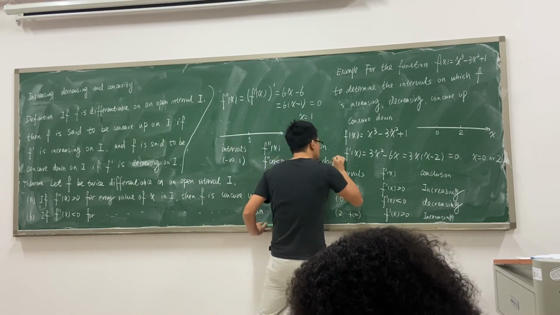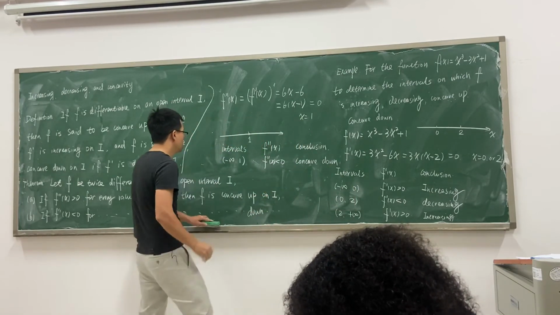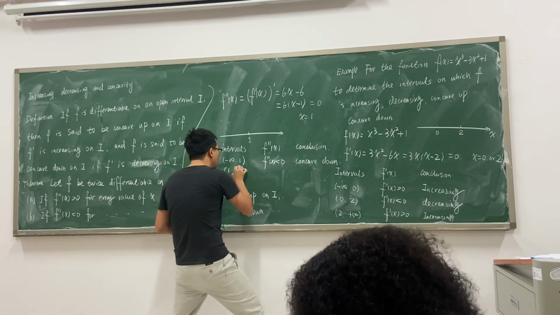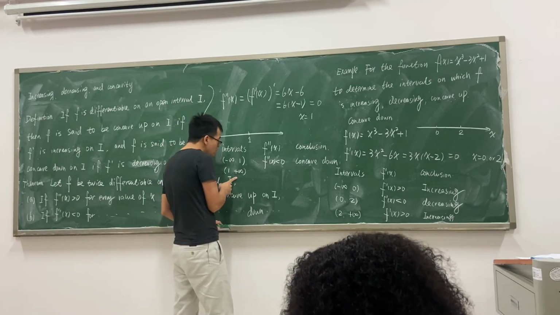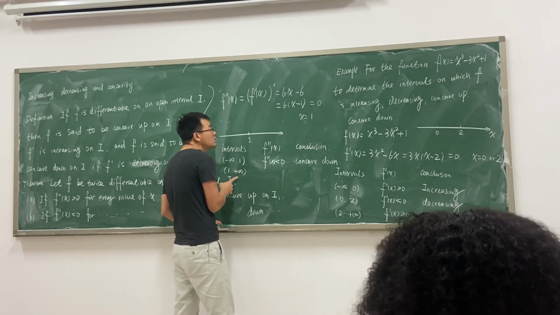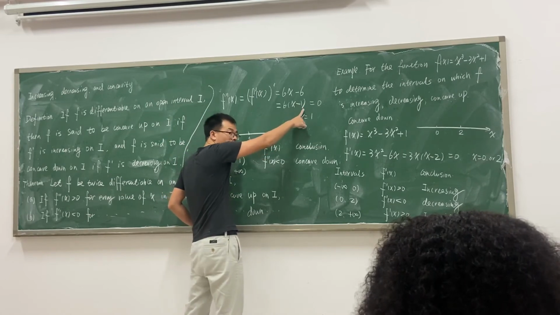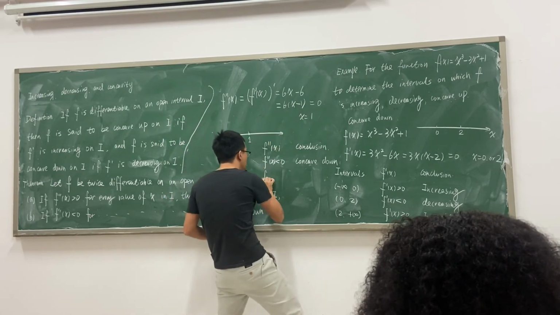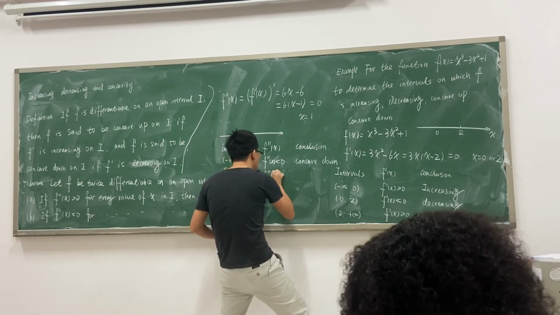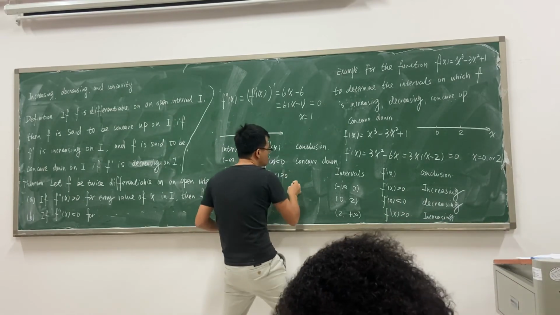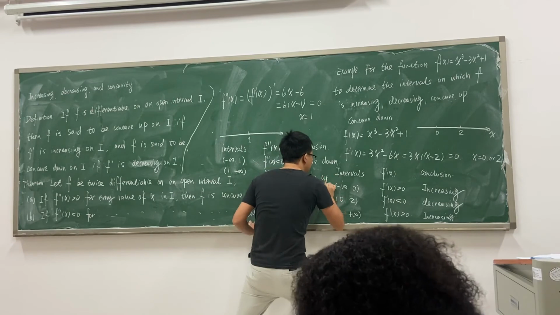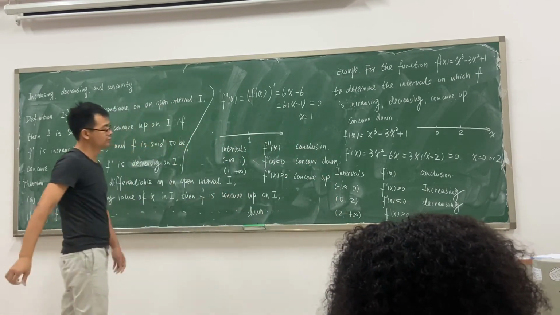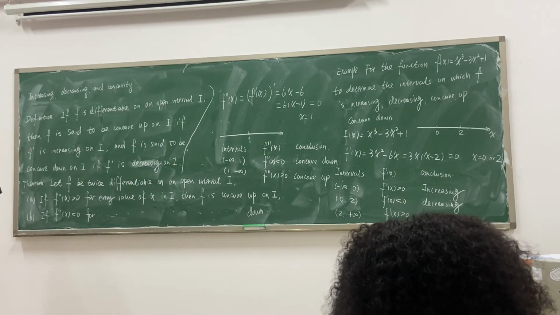And for 1 to plus infinity, where x belongs to this interval, of course it is positive. So f prime prime is greater than 0, so here it is concave up. So this is the answer.